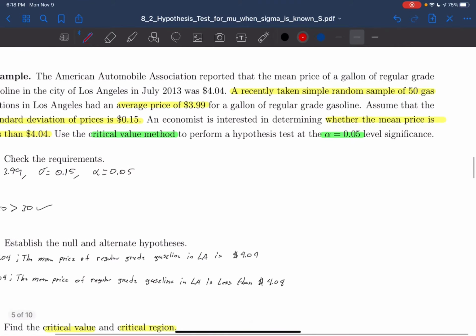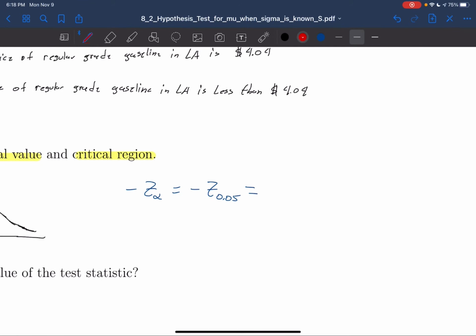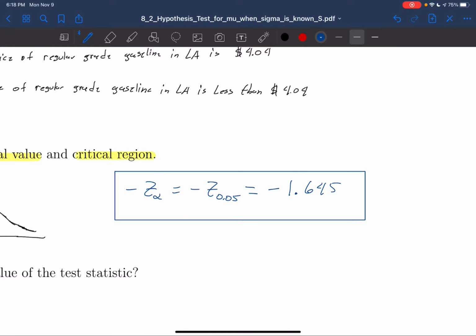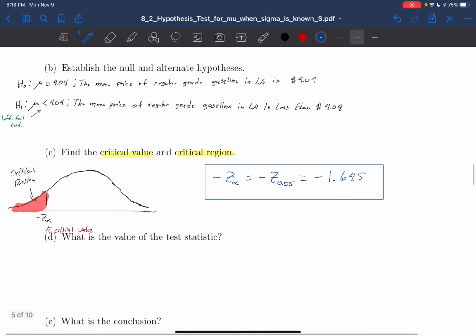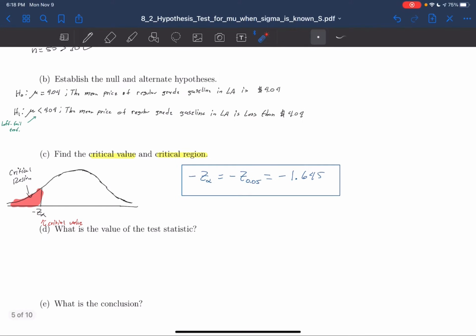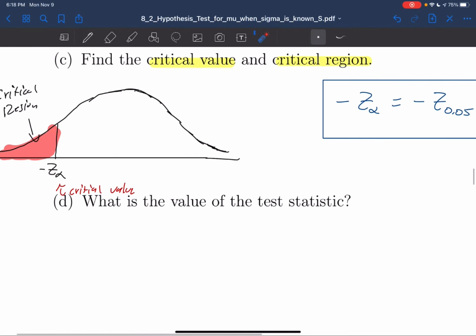Since this is a negative number, that gives you more confidence because we know that it has to be a negative number. So we just found our critical value and the critical region. Let me just emphasize this. This value here is negative 1.645.